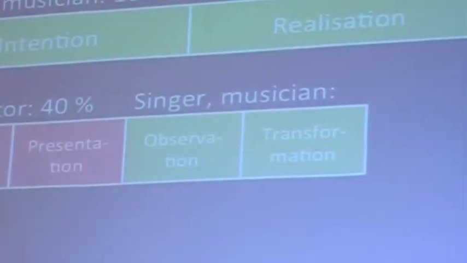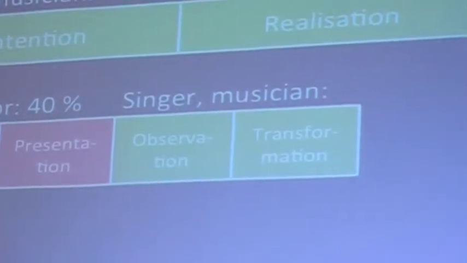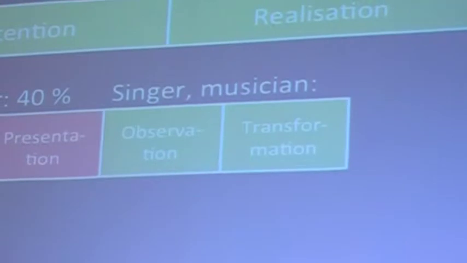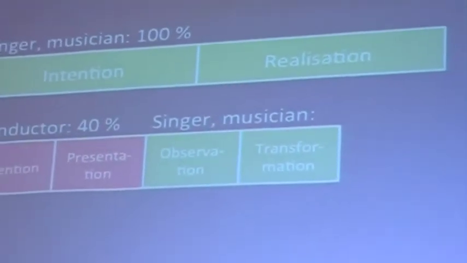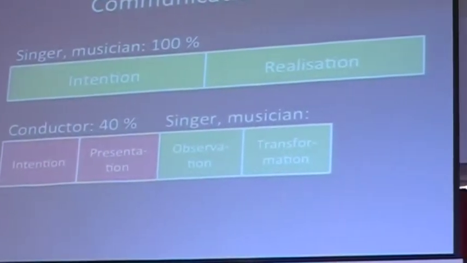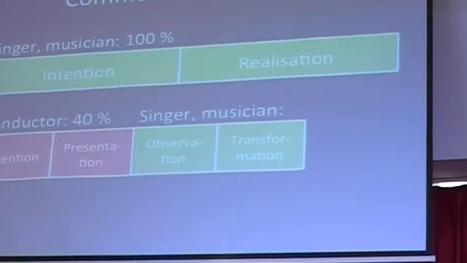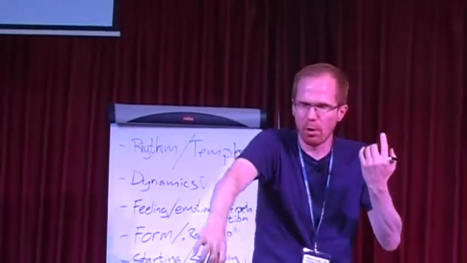If you're a singer and I'm conducting you, I'm making music with my body, but you have to make the music with your voice. So you have to transform your observation of my body language into what you're supposed to do with your voice. Or if you're a violinist, you have to transform it into the movements of your bow and your fingers.